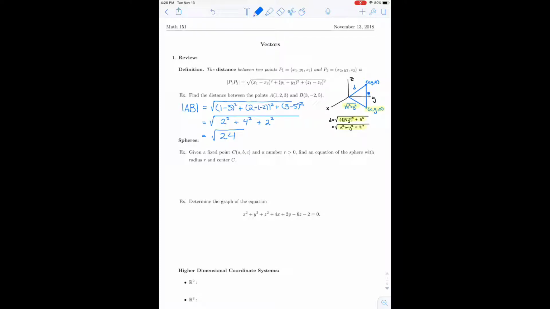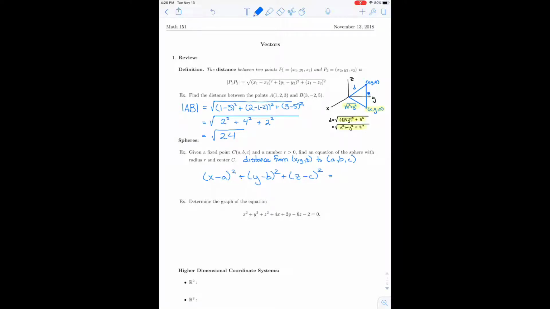So if we're looking for the distance from a point, say, x, y, z, to the center a, b, c, then the distance formula tells us that that would normally be the square root of x minus a squared plus y minus b squared plus z minus c squared. And then we would set that equal to the radius, r.